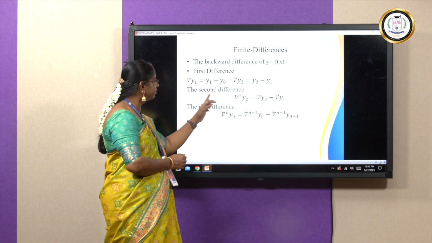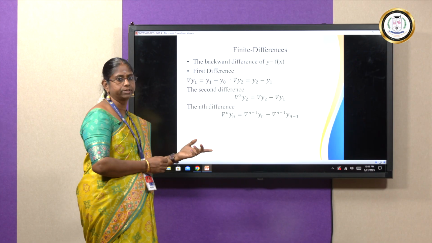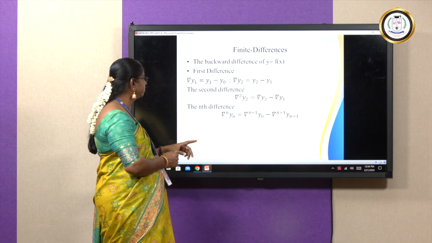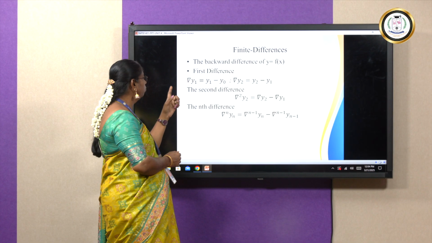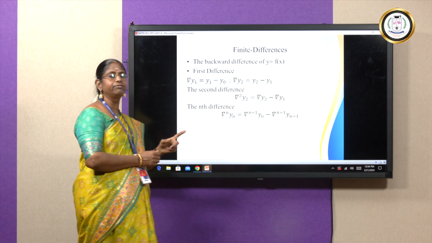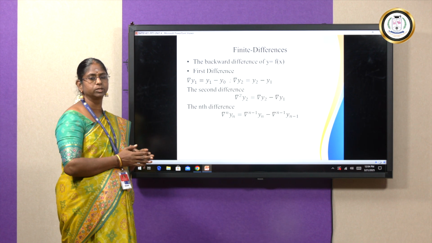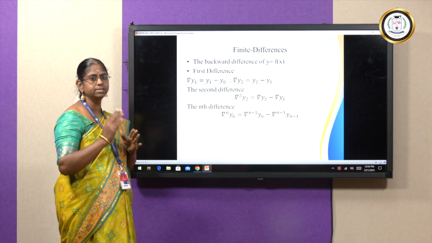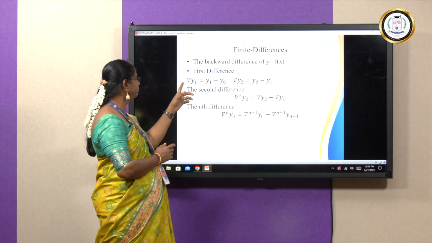But this difference we have already seen in the forward difference. In the forward difference, we said that y1 minus y naught equal to delta y naught. But the same difference is defined here as del y1, because my definition of the del operator is del of f of x is equal to f of x minus f of x minus h. So that is why we have started from del y1.